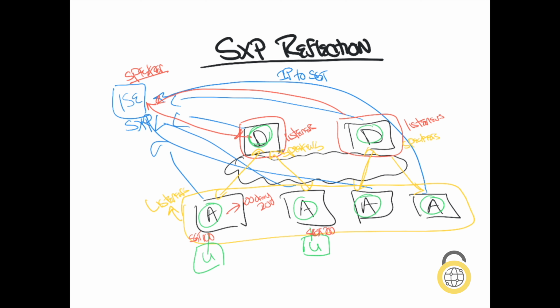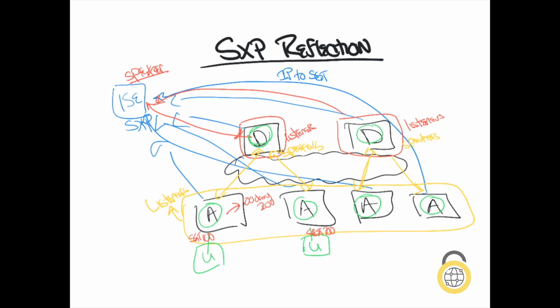Well, you need SXP to send this tag over to 100 and vice versa. If you don't have the tag, the policy will not work. If you don't have both tags, the source and destination, and the policy, and the enforcement point, and the interface, TrustSec will not work. So this whole SXP reflection technique is to use these distro switches to send these tags amongst all the switches at the access layer.